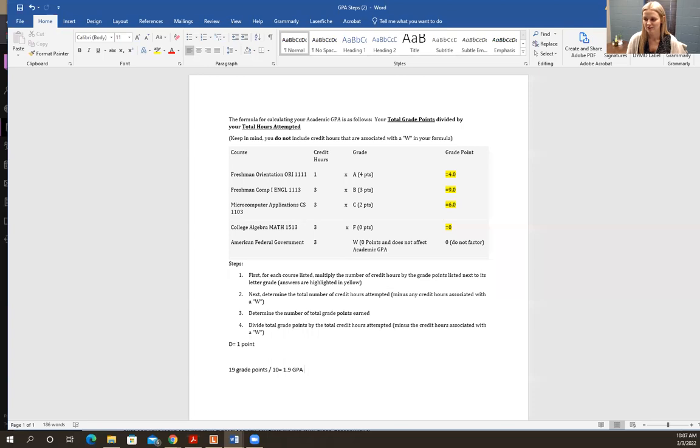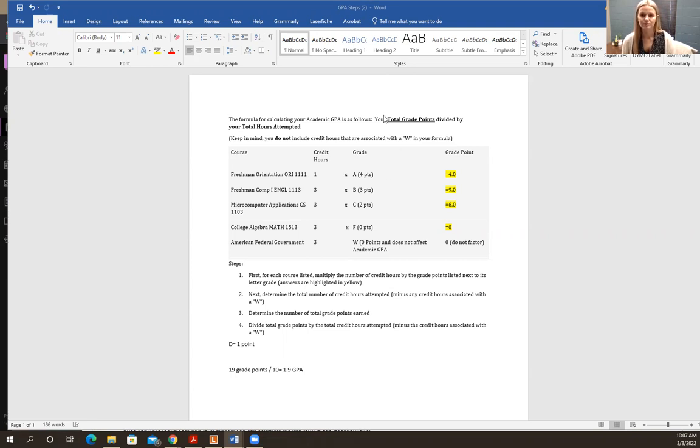If you are getting financial aid or a scholarship, or if you want to get into a certain program, there are going to be GPA requirements that you have to meet. So being aware of those is important, but also knowing how to calculate your GPA so that you can see where you're at any given point is helpful. So we're going to go over that.